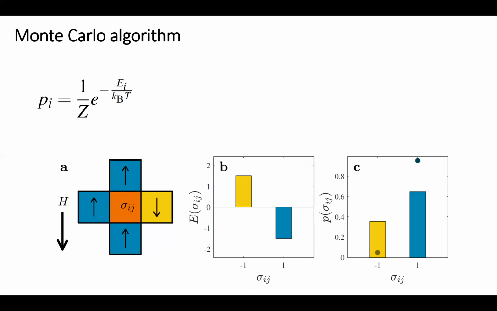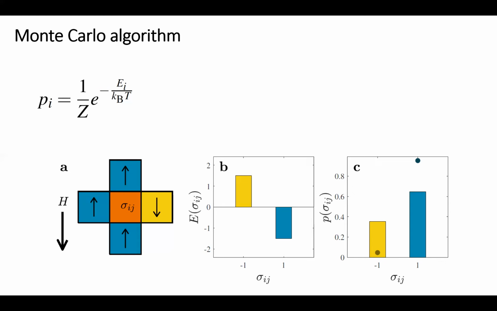Let's check. Yeah, my external magnetic field is -0.1.